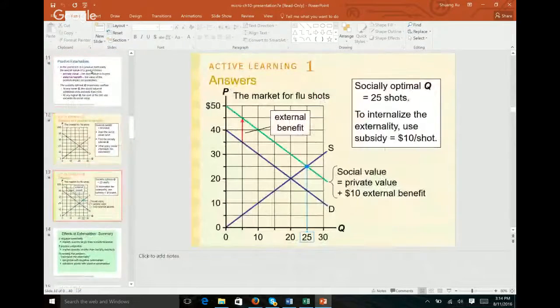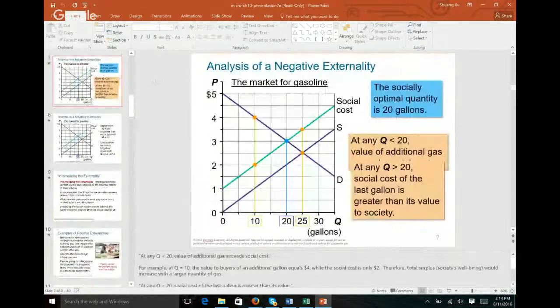So if you have a graph like this, where you have a social demand curve that's higher than your private demand curve, this would be a positive externality. Now, vice versa, if you have a graph like this over here, if your social cost is more than your private cost, then this would be a negative externality. Okay, so know the difference between the two.